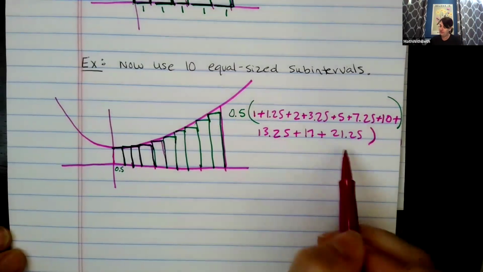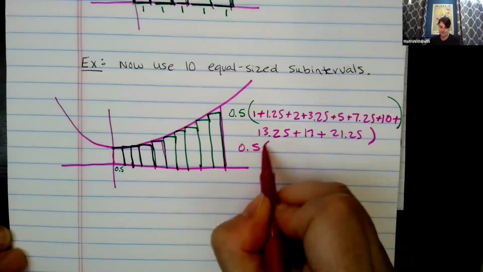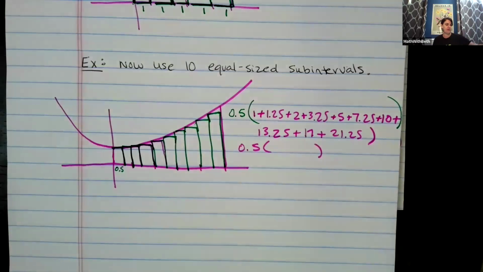So I'm going to add all of that up and then multiply it by 0.5. So this is me adding all of the heights. And instead of multiplying each height by the width each time, I'm just going to add all of them together and then multiply them all by the width one time.